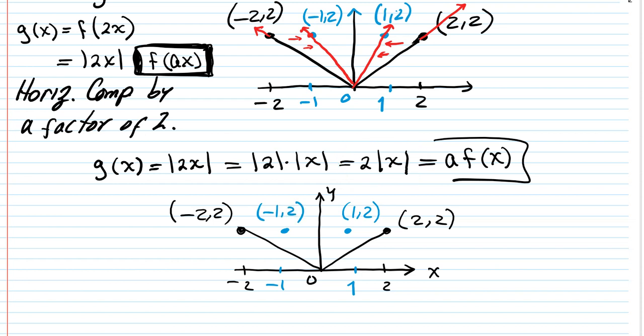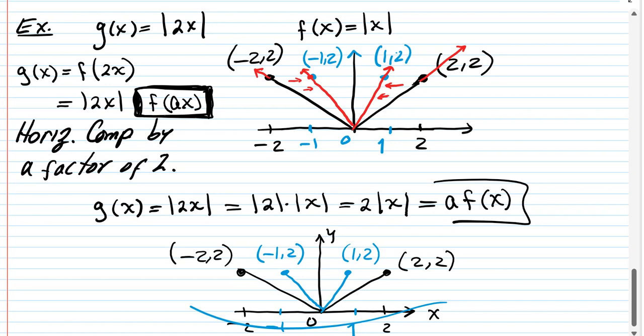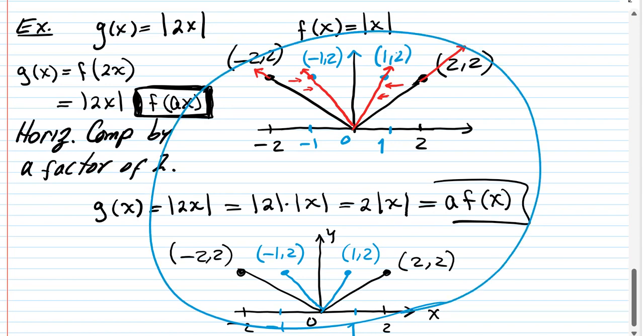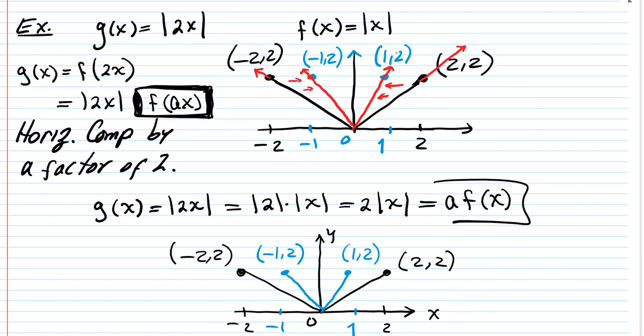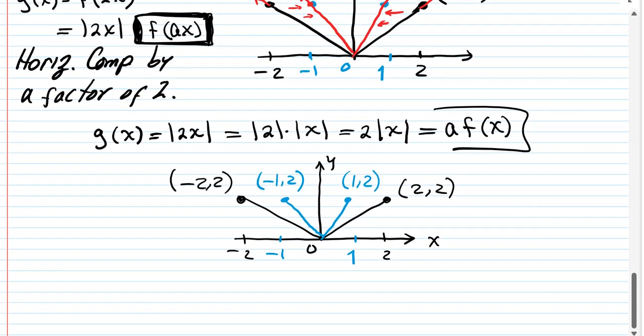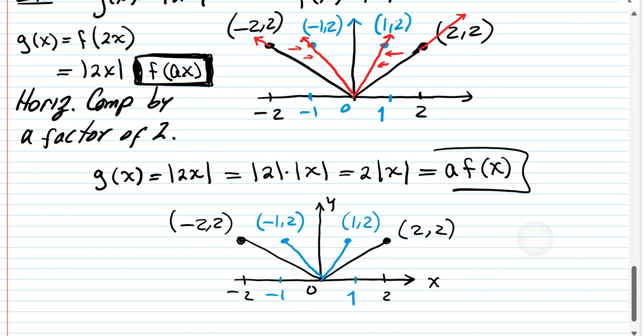And then I can connect my dots. And there you go. Check out these two graphs. They are exactly the same. You see that? Now this time I'm going to view this as a vertical stretch by a factor of 2.